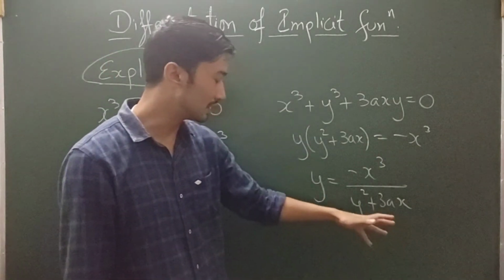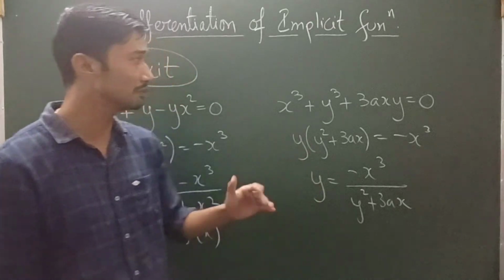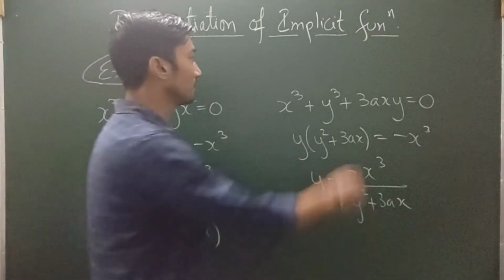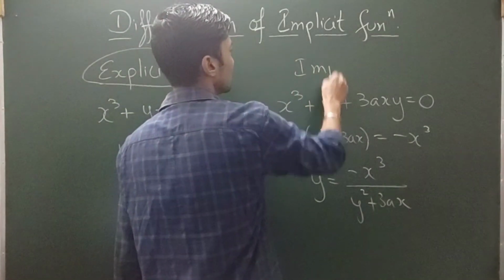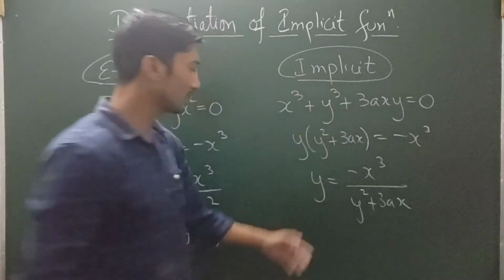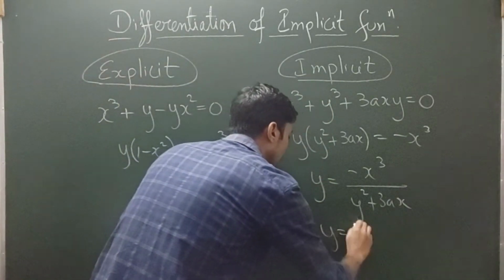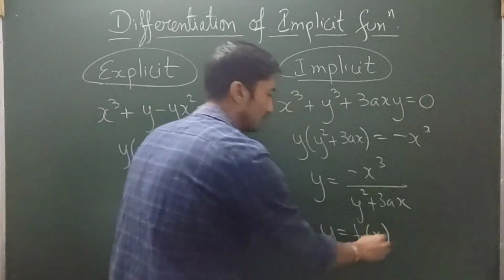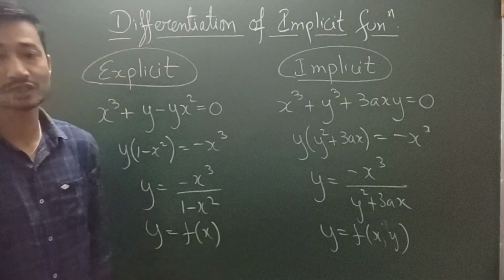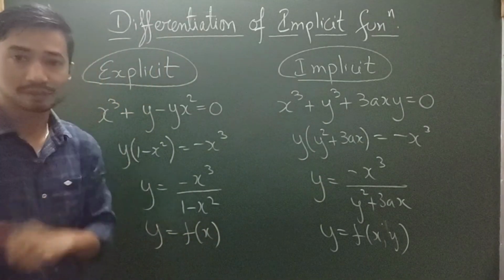It's not possible, or the other way around also. x also is not going to be that simple. So this kind of function is called an implicit function, where you cannot just represent y as a function of x alone. I'll have to write it as a function of x and y. So this kind of function is called an implicit function, and the other is an explicit function.